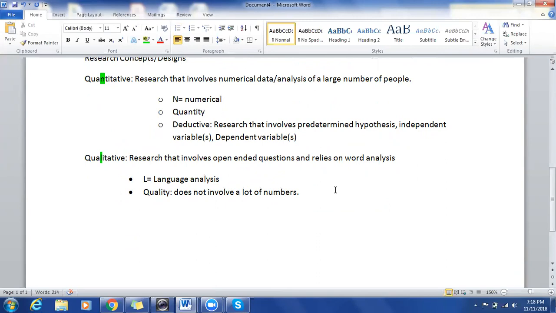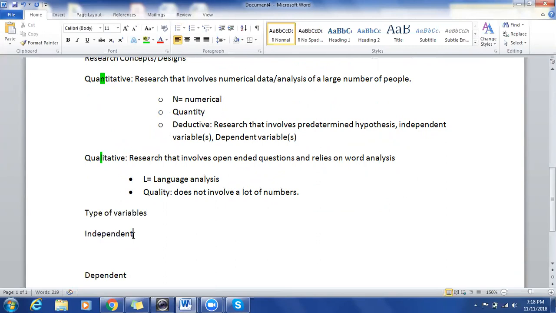So then once we get into the quantitative as well as qualitative, we have to look at the type of variables. So we have numerical and linguistic, and then the type of variables that we're looking at is independent and dependent.